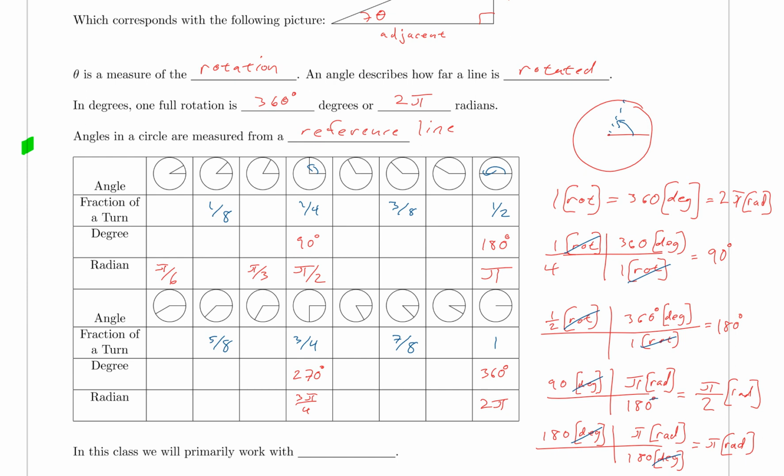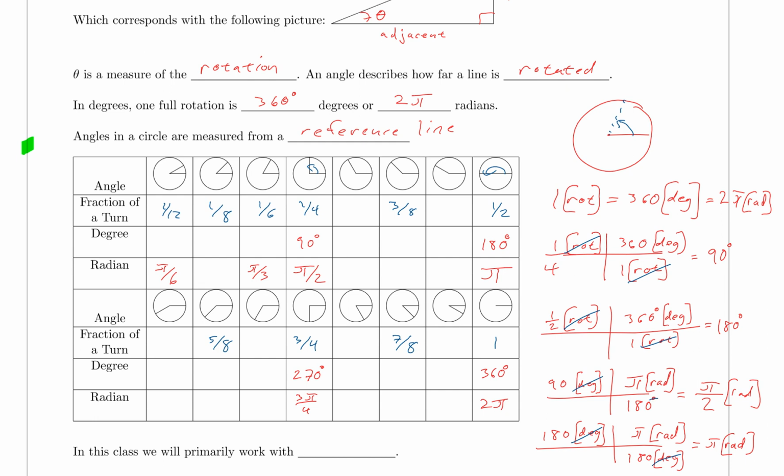So we're just going to go ahead and fill in the rest of these rotations, since they reference the reference triangles that we're going to look at on the other side of this handout. This is 1/12 of a rotation. This guy right here is 1/6 of a rotation.